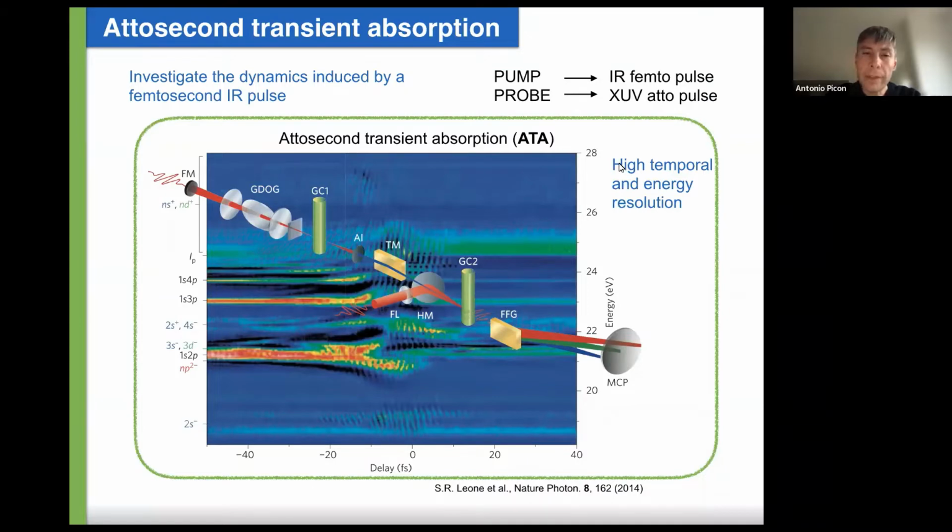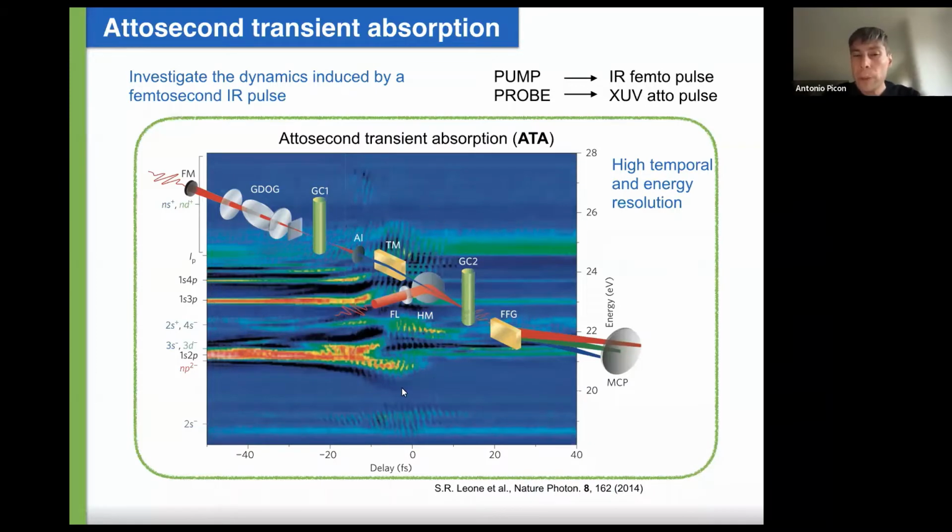Now, one of the advantages that this scheme has compared with the ones based on photoemission is that it has high temporal and energy resolution. Because if you use a very short attosecond pulse and you are doing photoemission, you are broadening in the continuum, so the energy broadening will be larger, and that also compromises the energy resolution.